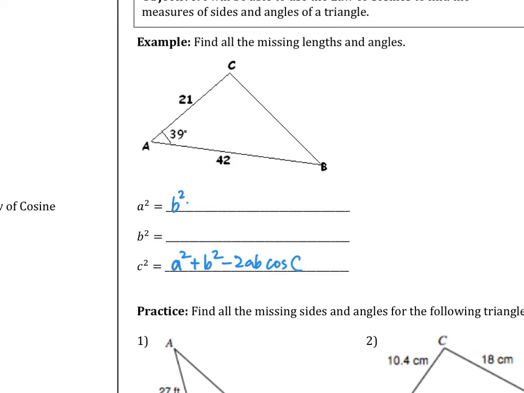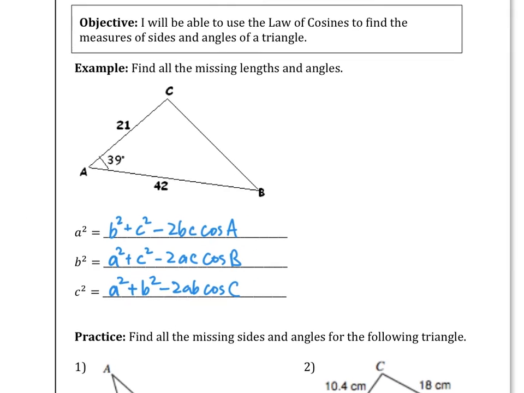It's going to be b squared plus c squared, the other two sides, minus 2bc cosine a. Pretty simple, right? Let's go ahead and practice writing the one for b squared. B squared is going to equal a squared plus c squared minus 2ac cosine b.